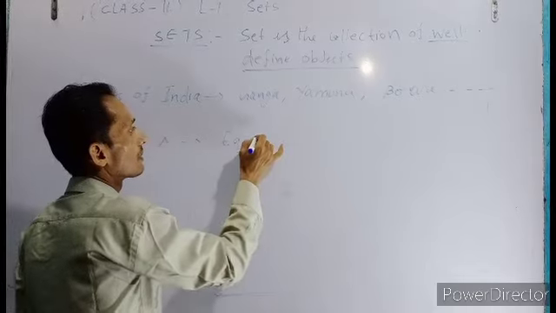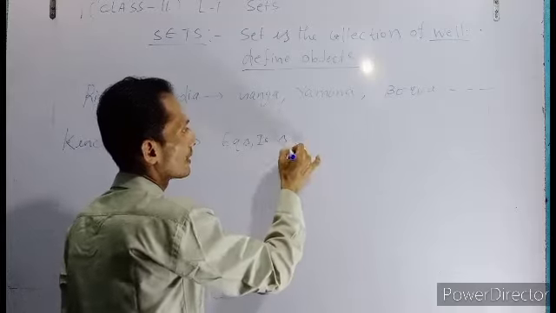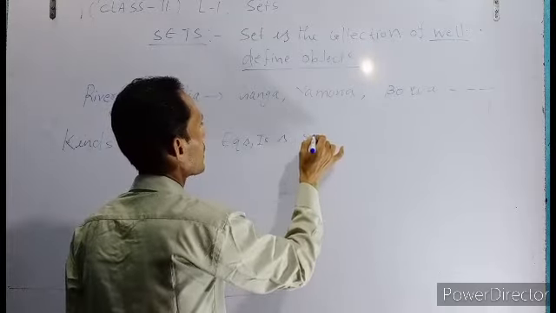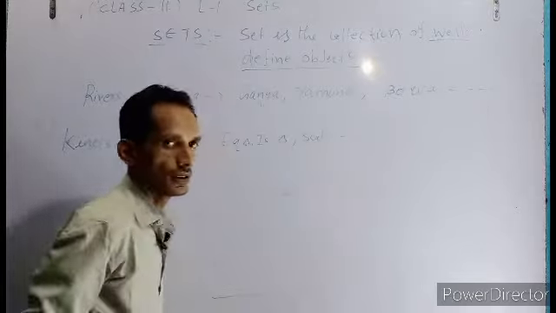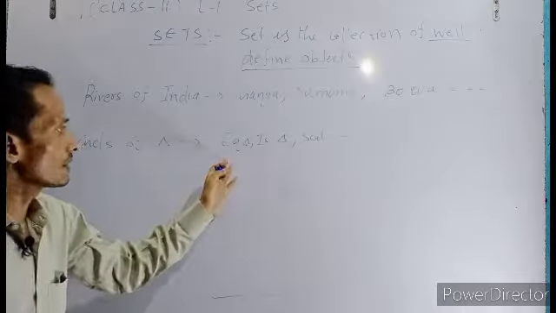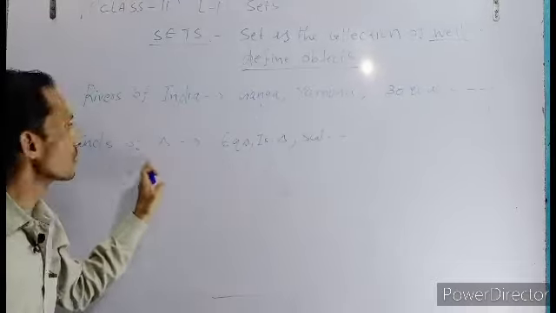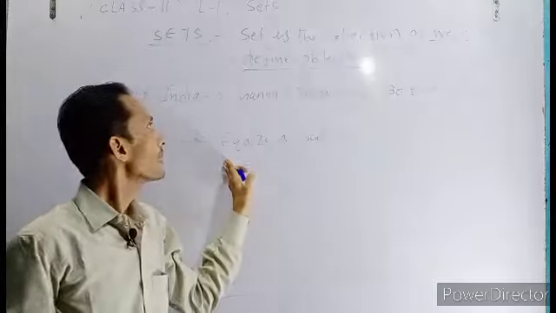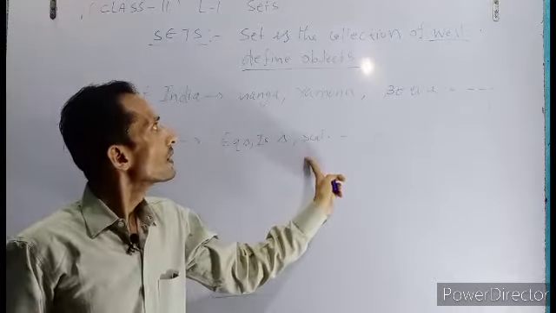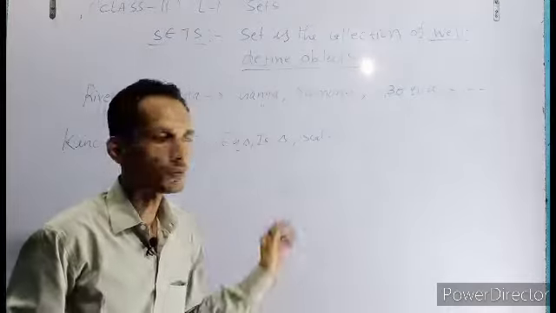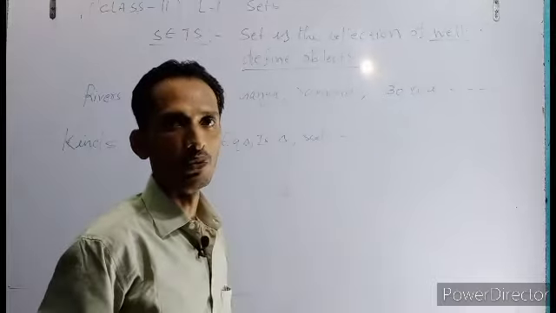Equilateral triangle, isosceles triangle, scalene triangle, acute angle triangle, and so many. So this is also a set, because every person has the same view about the kinds of triangle. In this way we can say that views should not change from person to person, hence these are well-defined objects.